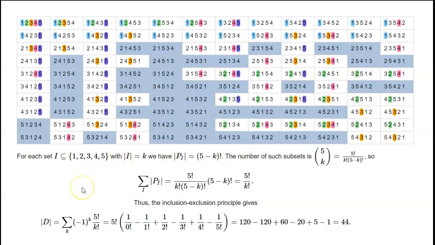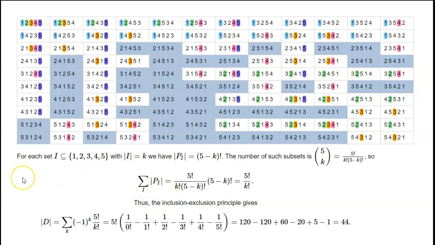And if we add that up over all possible sets I of size k, well, there's 5 choose k subsets of that type. So we have to take this 5 choose k and then multiply by the (5 minus k) factorial. And of course 5 choose k is 5 factorial over k factorial times (5 minus k) factorial, so the (5 minus k) factorials cancel out, and what we get is 5 factorial over k factorial. That's the sum of the sizes of all the sets P_I where I has size k.